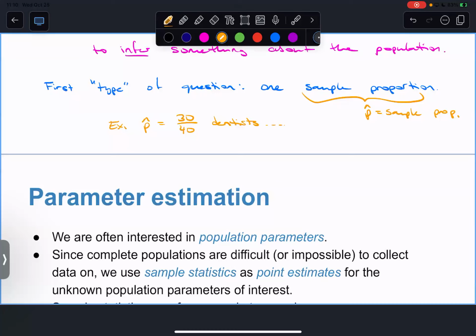Our goal is to use this to infer what the population proportion of dentists recommend. I'm avoiding spelling it, but is it 2 C's, 1 C, 2 M's? There.